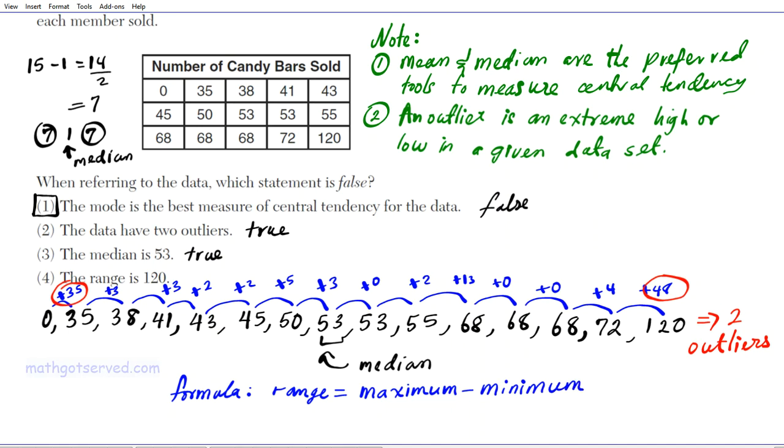In this particular data set, the range is going to be the max, which is 120, minus the min, which is 0. 120 is the range. Option 4 is true. So we can clearly see that the only false statement is option 1, because mode is not the best measure of central tendency.